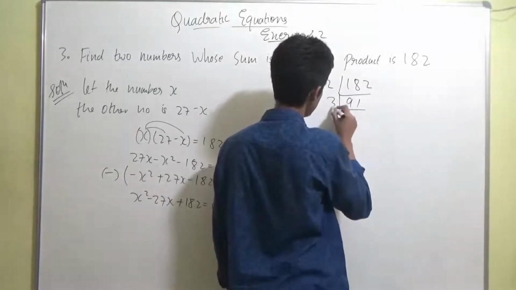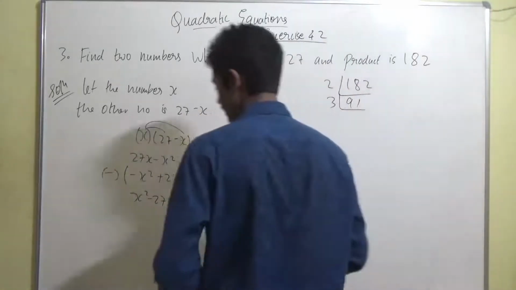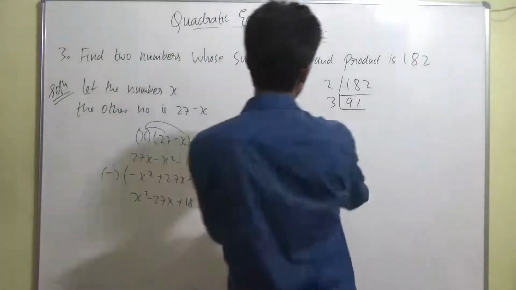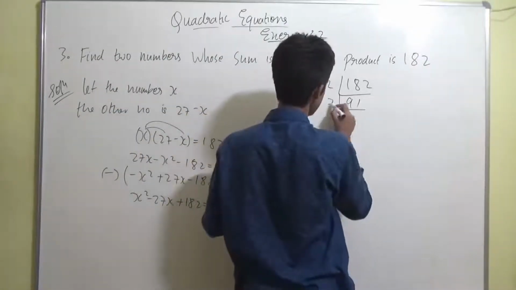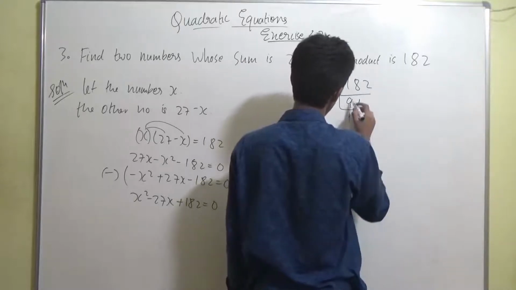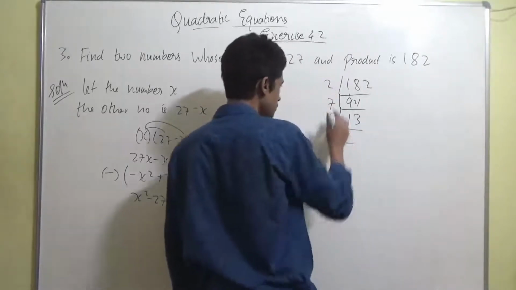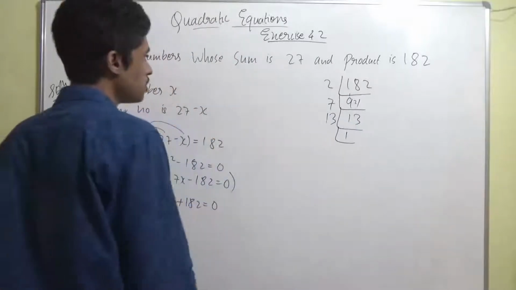This becomes 91. Is it possible to divide with 3? No, I guess. With 7, yes, with 7 you can. It becomes 13. Okay guys, then 1 came. So when 1 comes, you have to stop the prime factorization.